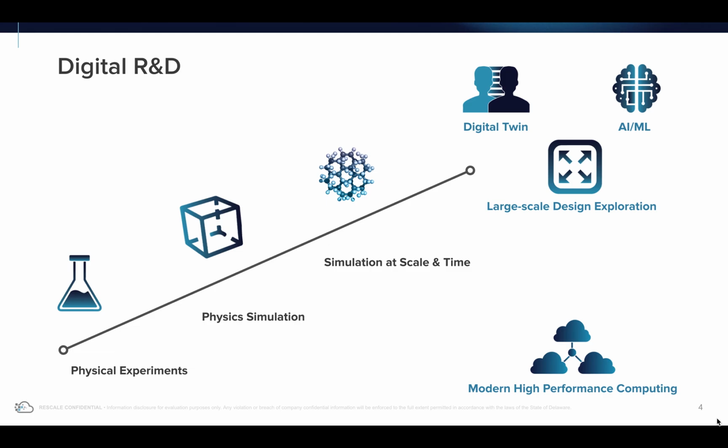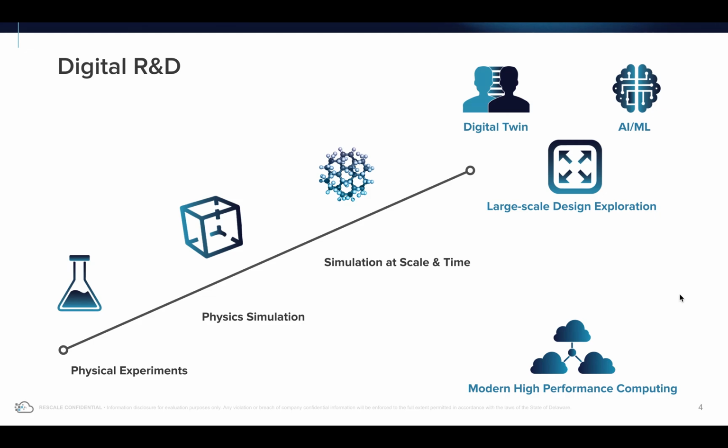And so when you look at the portfolio of these three topics, digital twins, large scale design exploration, AI and ML, it's apparent that in order to harness and leverage these new technologies and put them to work to improve our ability to innovate, we need a modern compute environment to go along with that.